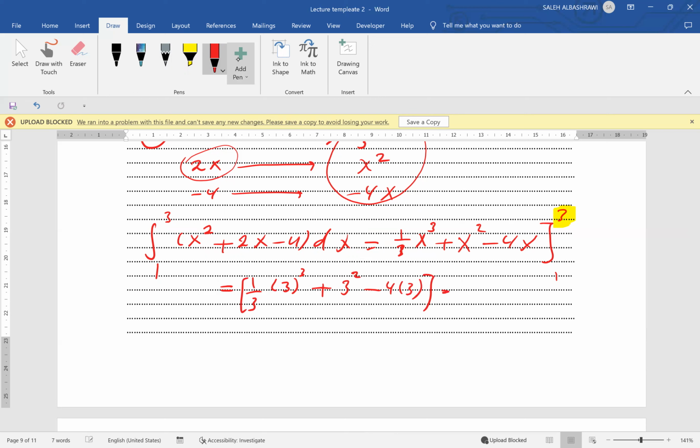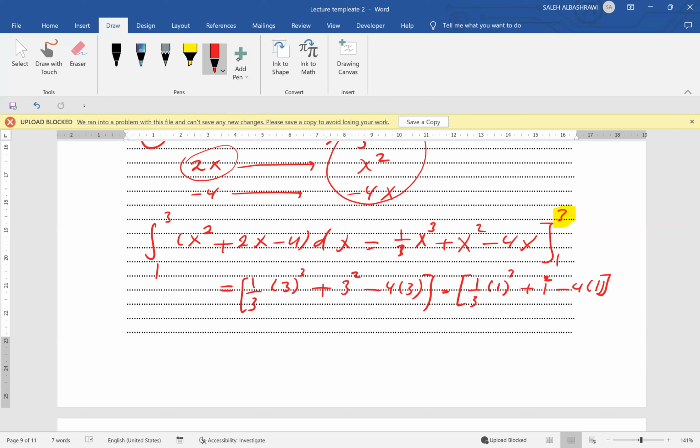Now minus F of a. Now we evaluate at the lower limit. That will be 1/3 multiplied by 1 to the power 3 plus 1 to the power 2 minus 4 multiplied by 1. We are just replacing x by the upper limit and lower limit.